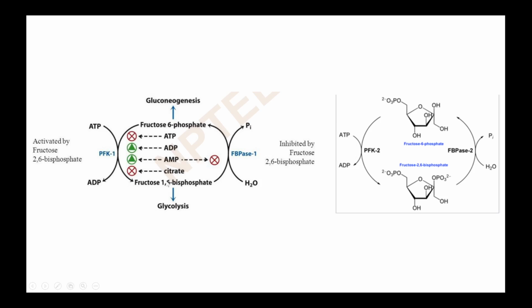Similarly, if citrate is there, that means the TCA cycle is already replenished, so it will also inhibit glycolysis. It will favor gluconeogenesis. If energy demanding molecules are present like ADP and AMP, that means more ATP requirement is there.